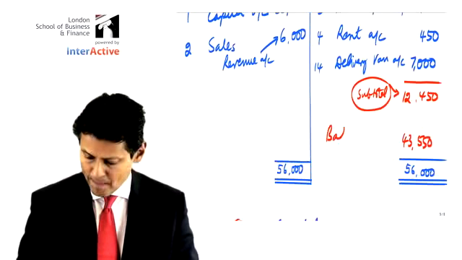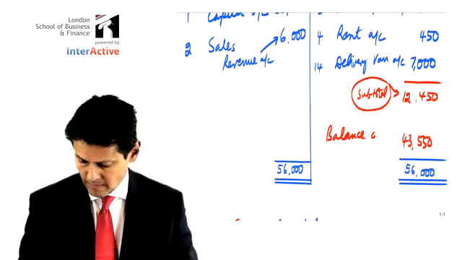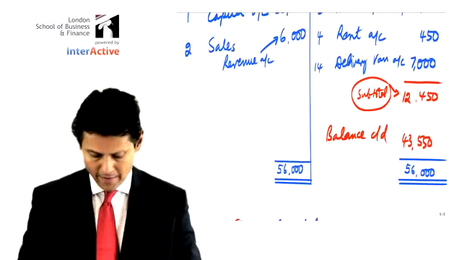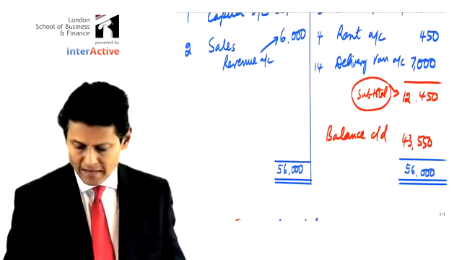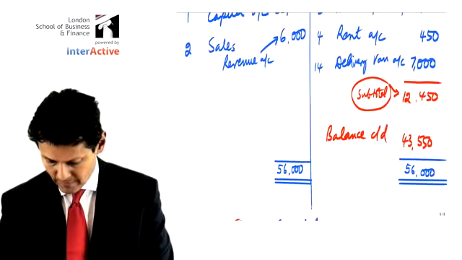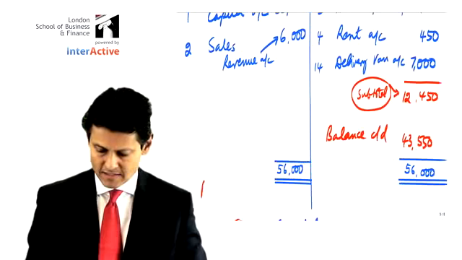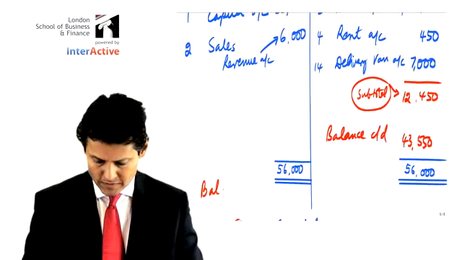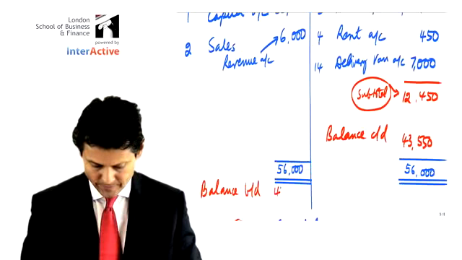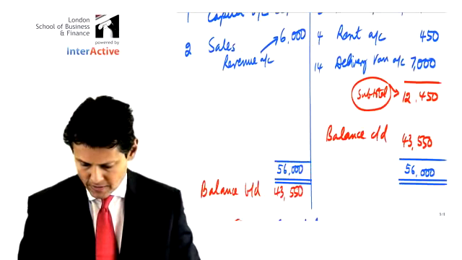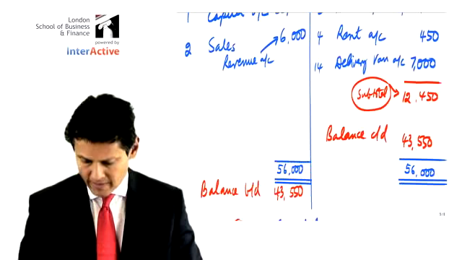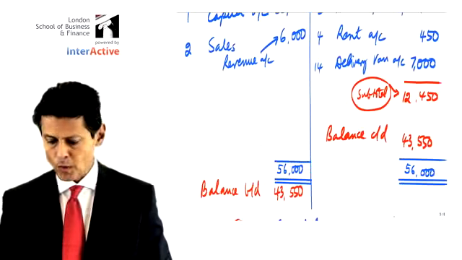That is what is known as a balance to carry down. And that balance, indeed, is brought down the next day. So we say balance brought down 43,550.